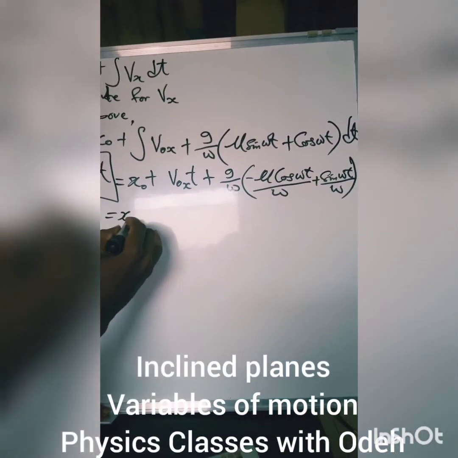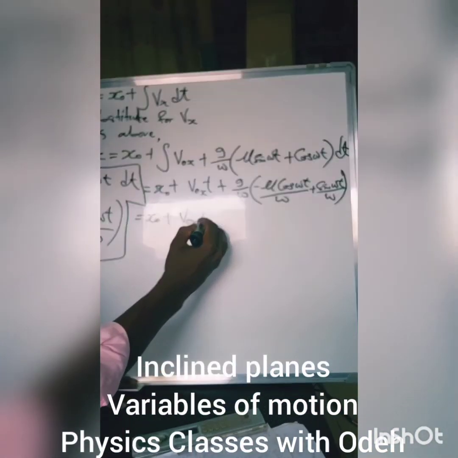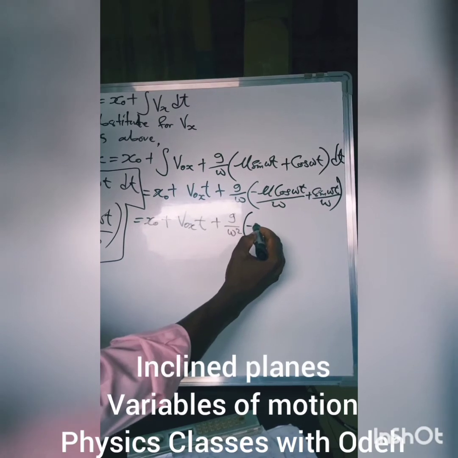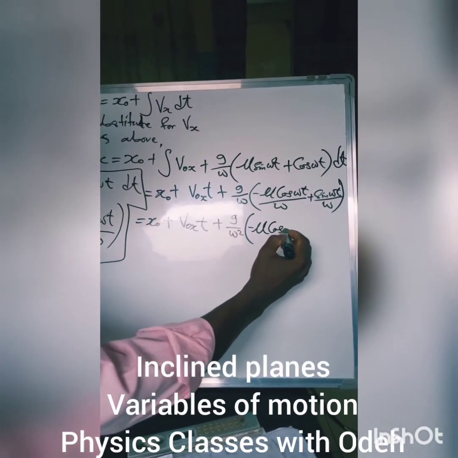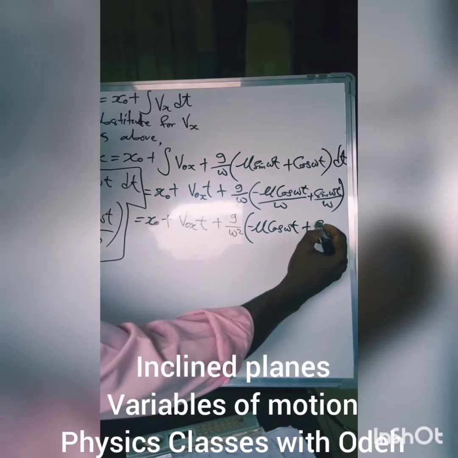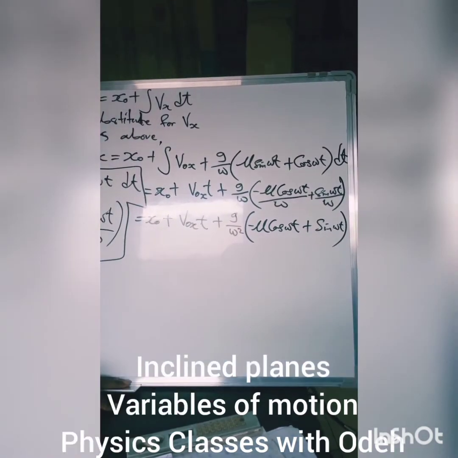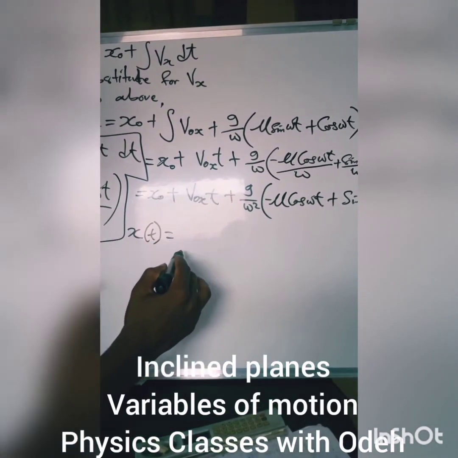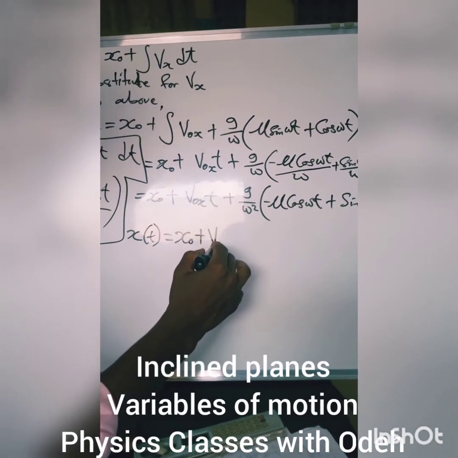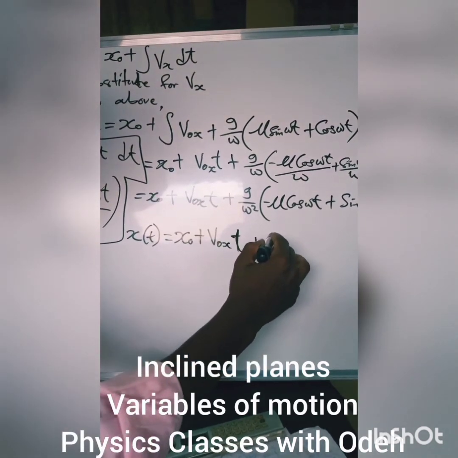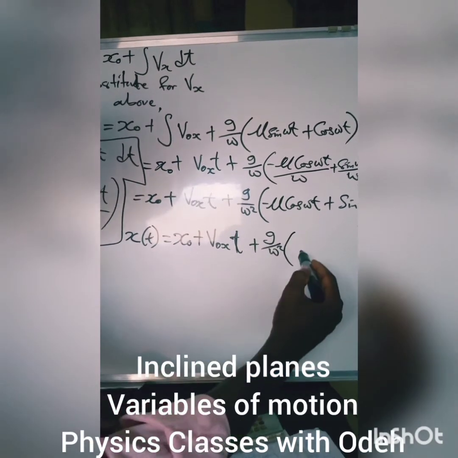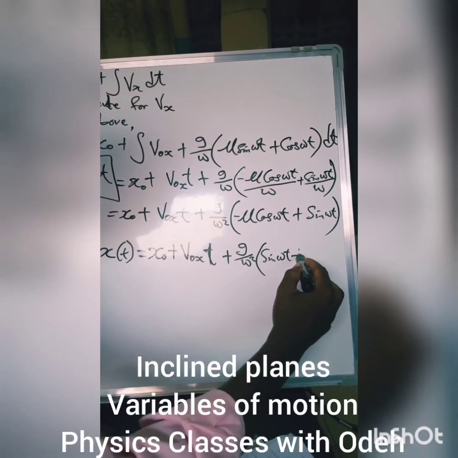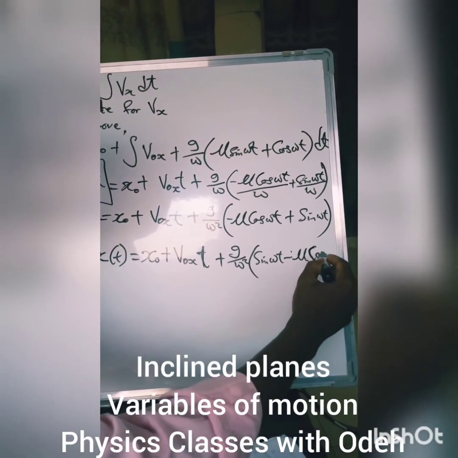This will be equal to x naught plus v naught x t plus g all over omega squared all into the bracket of minus mu cos omega t plus sine omega t. Therefore, finally, we can have that x is equal to x naught plus v naught x t plus g all over omega squared all into the bracket of sine omega t minus mu cos omega t.